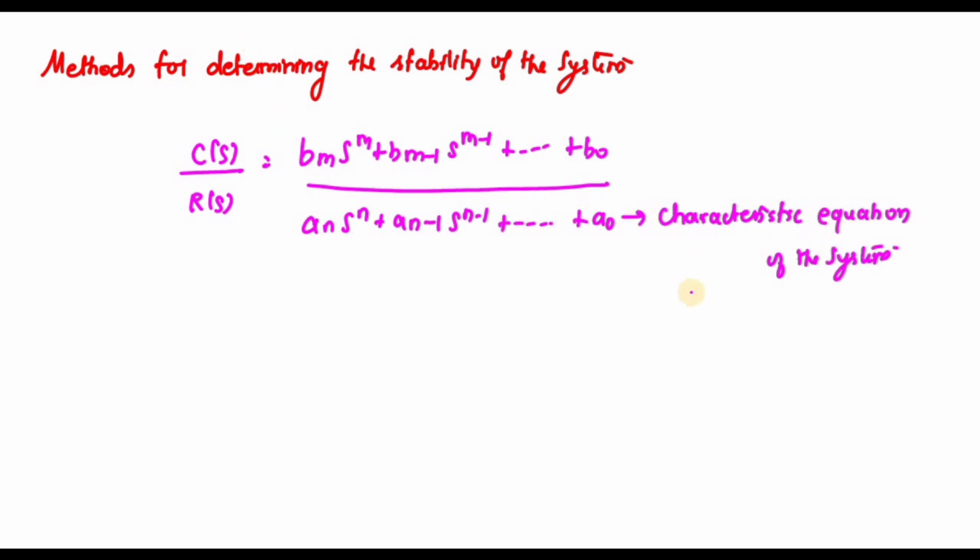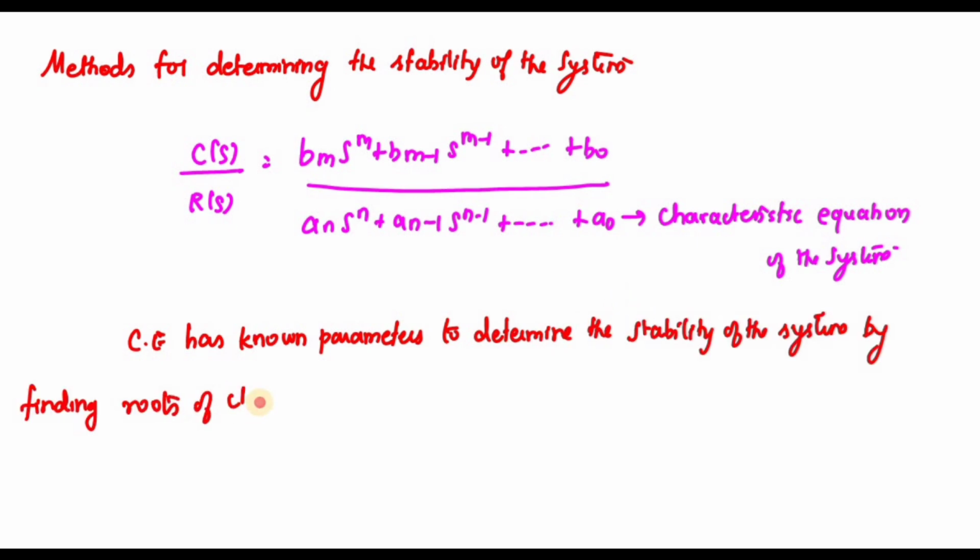The denominator is called the characteristic equation, which is used to find whether the system is stable or not by equating it to 0 and finding the roots of the characteristic equation.